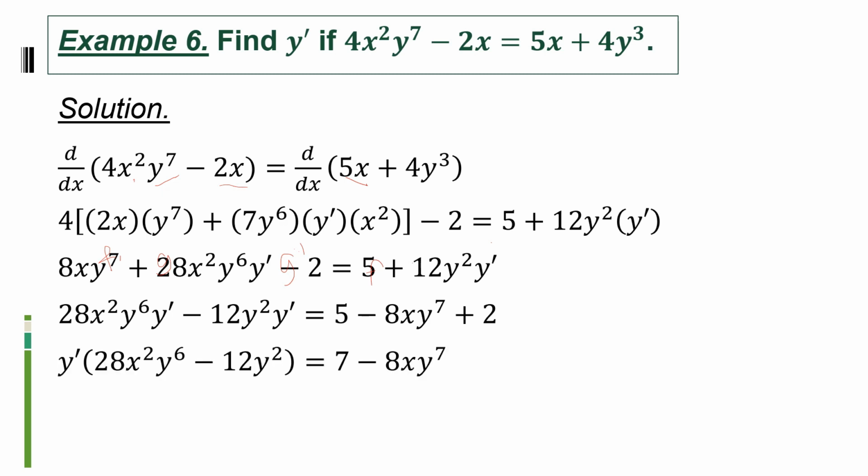Factoring out y prime and dividing both sides by what remained, then we have y prime equals 7 minus 8xy raised to 7 all over 28x squared y raised to 6 minus 12y squared.